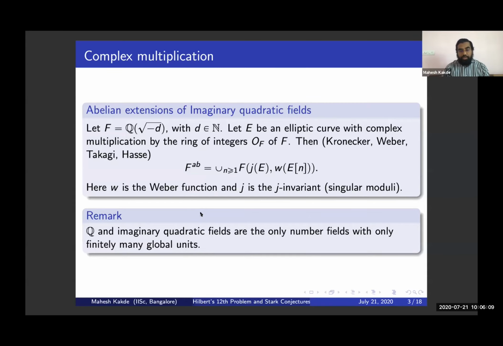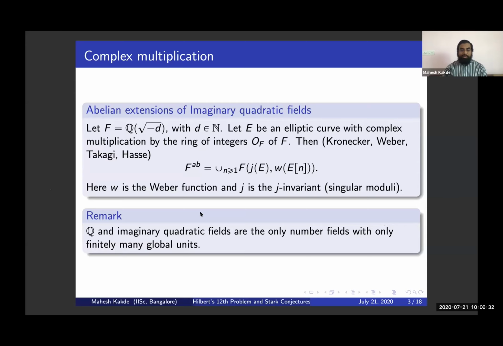This goes back to Eisenstein, Kronecker, and so on. A lot of people contributed, and I think it was finally completely settled by Takagi in the early 20th century, so the 1920s.